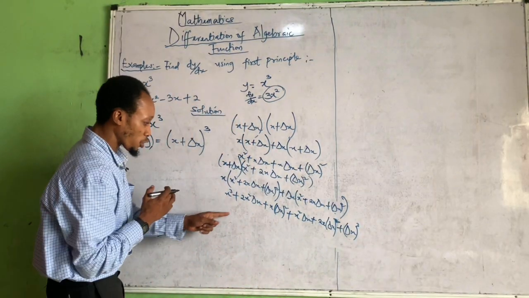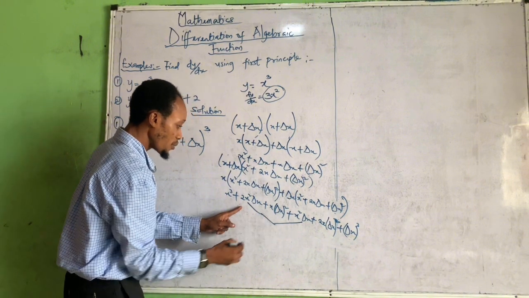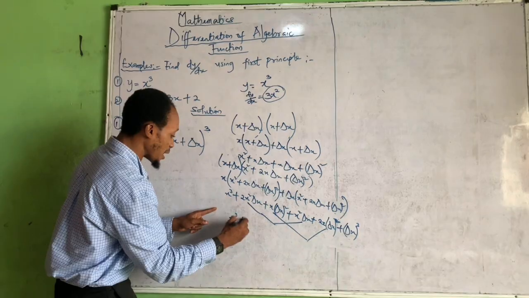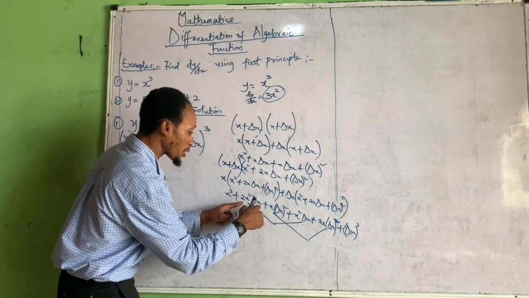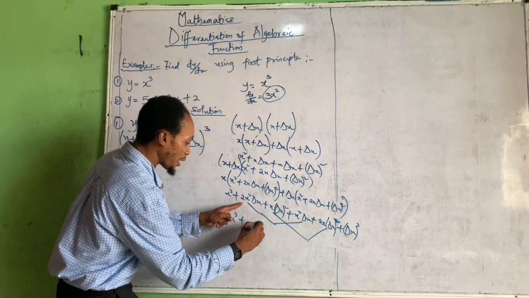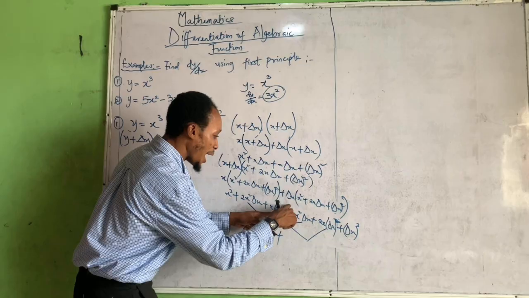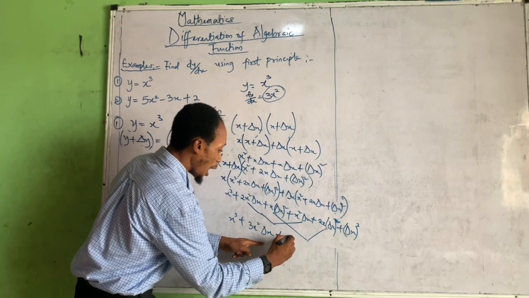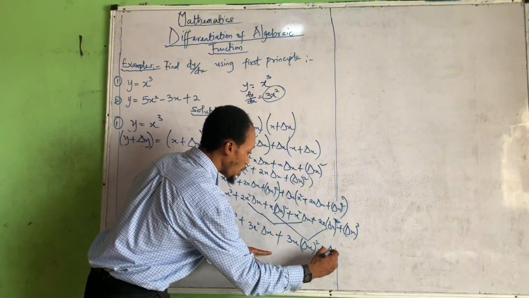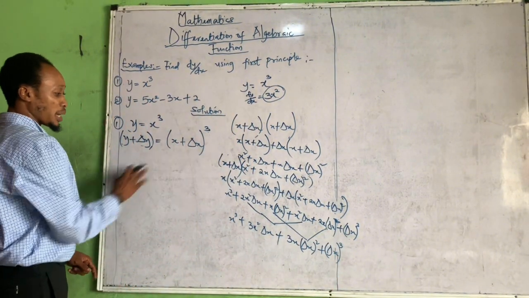Now some terms can be added together. So we have x raised to the power 3 plus 2x squared delta x and x squared delta x, that will be 3x squared delta x. Then plus x delta x squared plus 2x delta x squared, that will be 3x delta x squared, plus delta x all raised to the power 3. So this right here is what we are going to get.